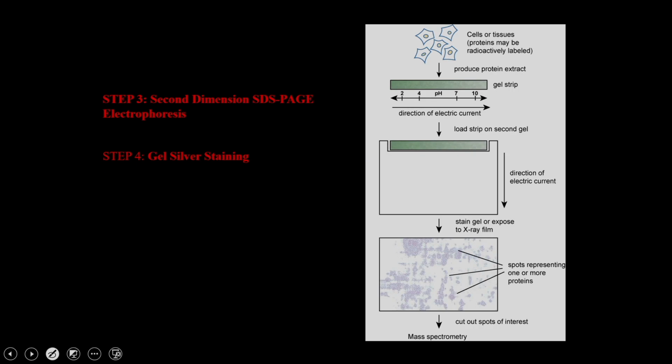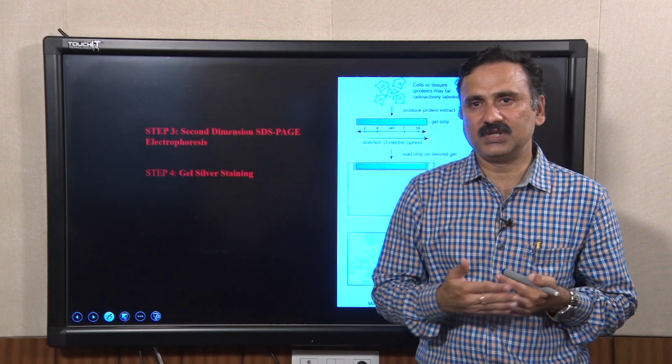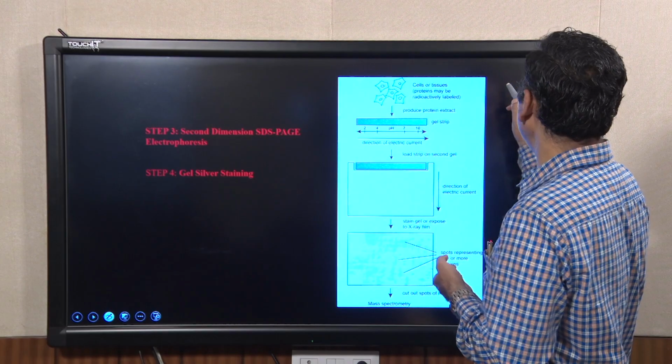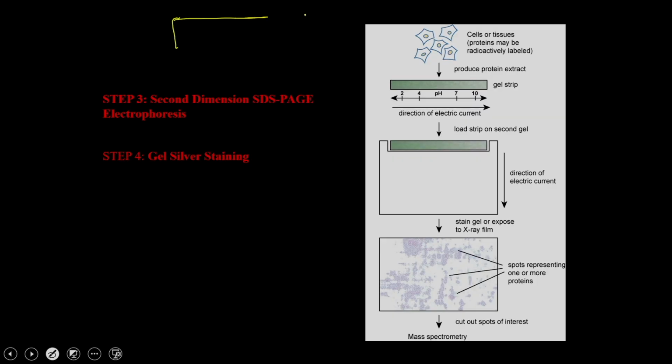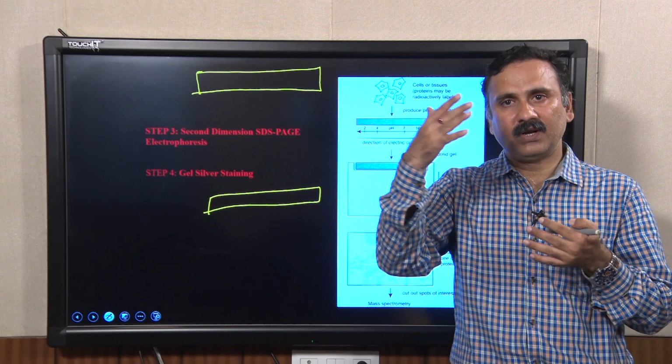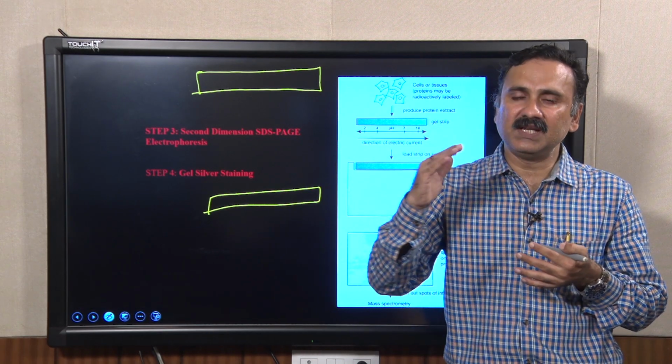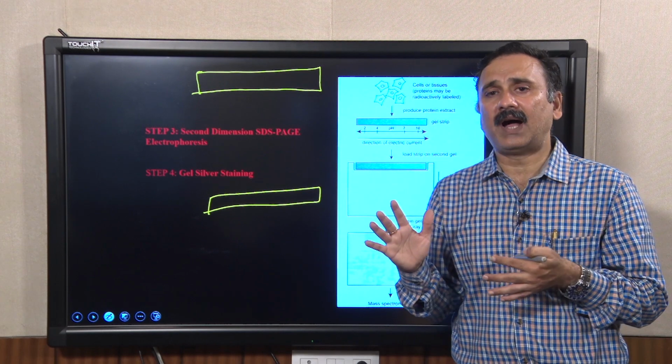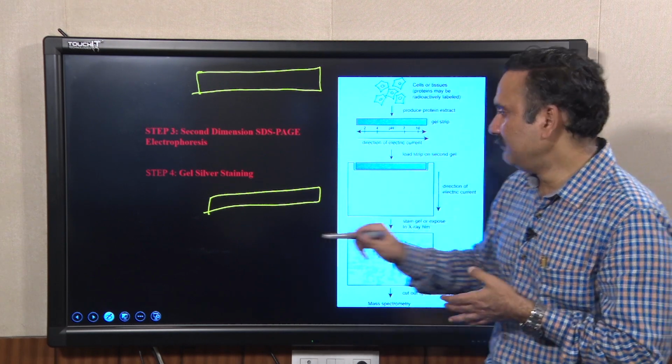Now, once you are done with the first dimension, what you are going to have is the IPG strips, and then you take the IPG strips and put them into the acrylamide solution. So, you are first going to cast the resolving gel, but you do not need to cast the stacking gel.